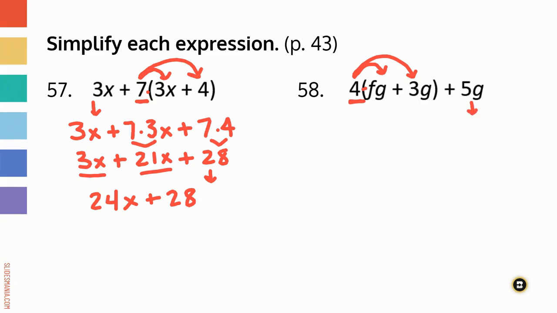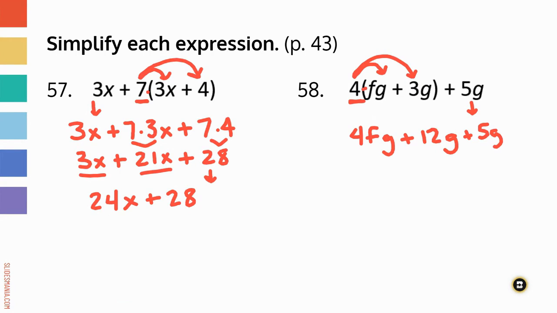So 4 times FG is 4FG, and then plus 4 times 3G is 12G, and then plus 5G.